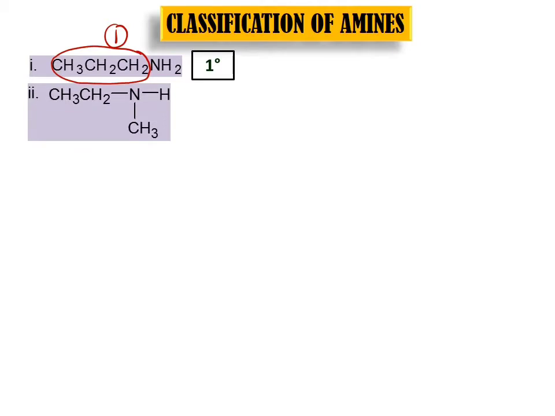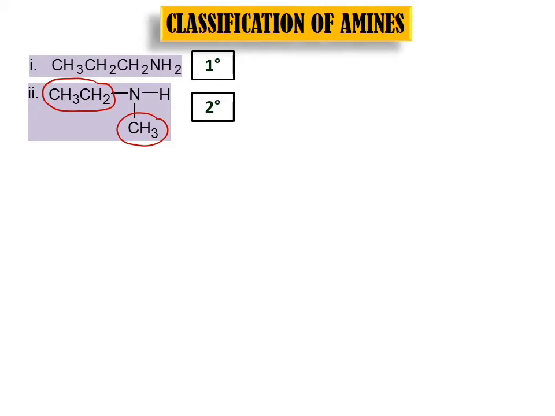Okay, next example. For example, this one. Okay, look at the nitrogen atom. How many alkyl groups? Yes, we have one ethyl group here and we have another one, a methyl group here. So we have 2 alkyl groups bonded with the nitrogen. It means that this is a secondary amine.